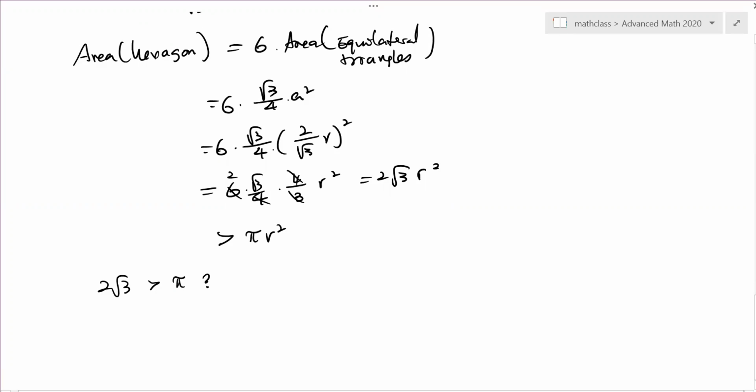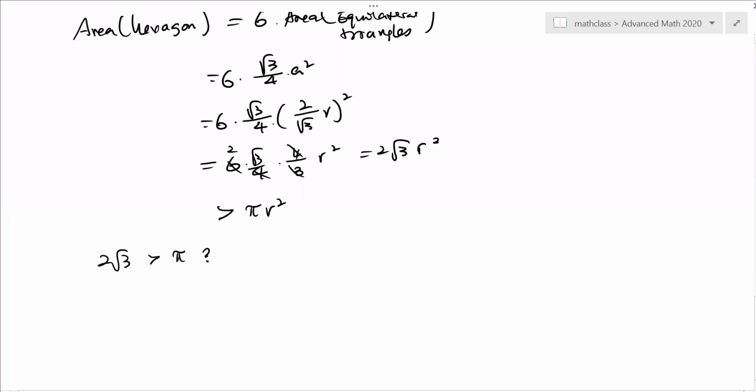This is the area of the circle, right? And square root of 3 is 1.7 something. So 1.7 times 2 will be 3.4, which is greater than 3.14, right? So that's why it's true.